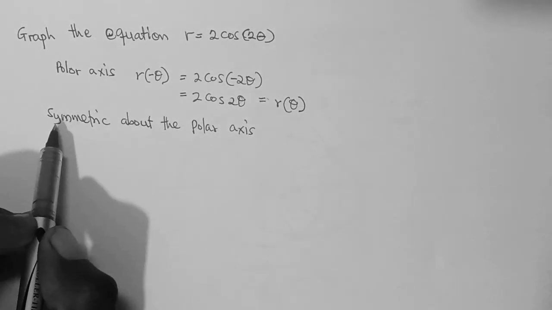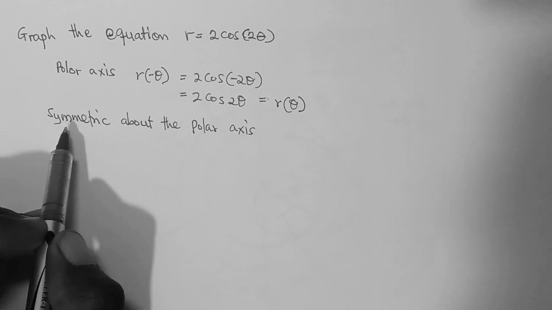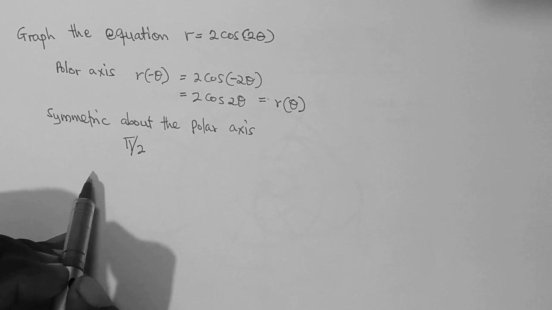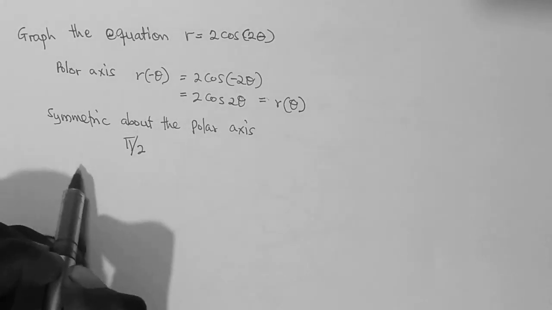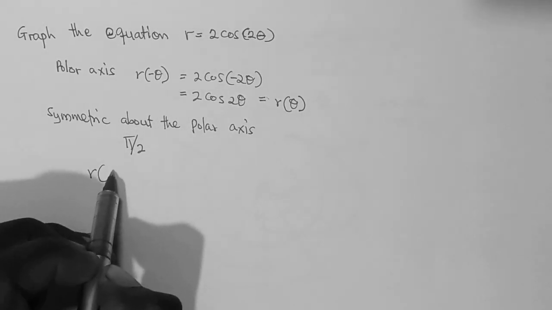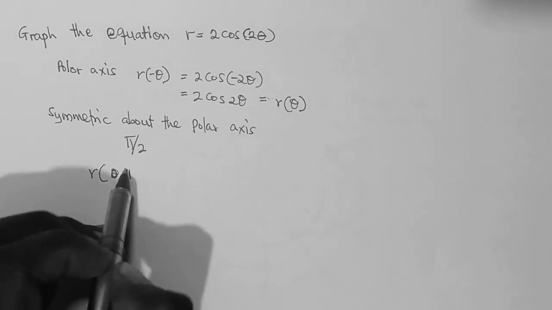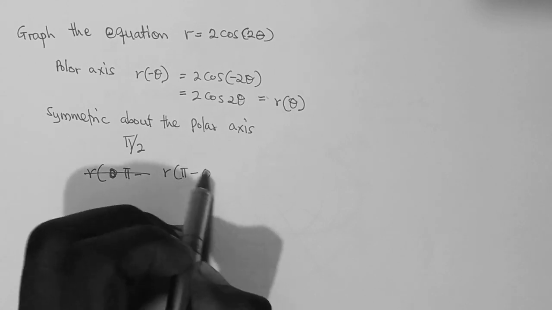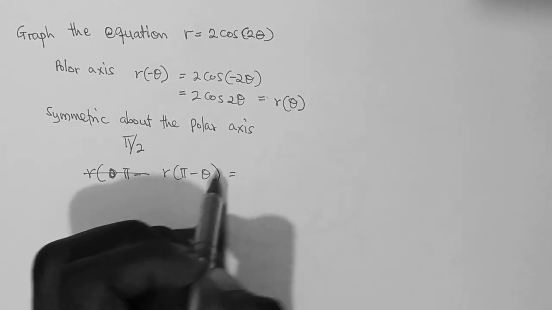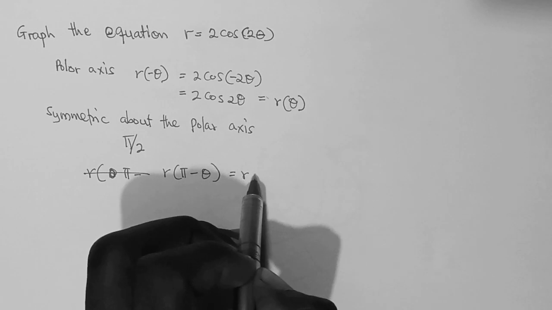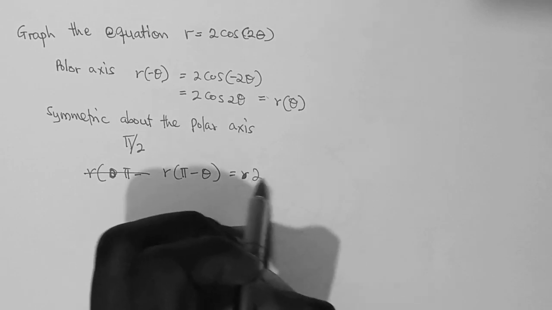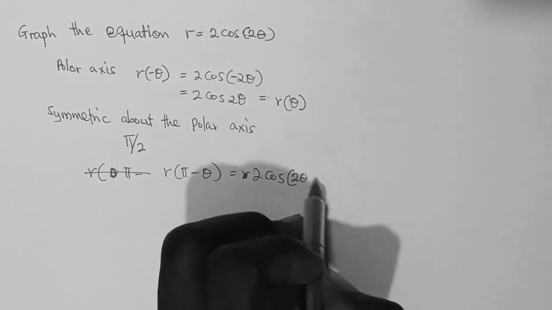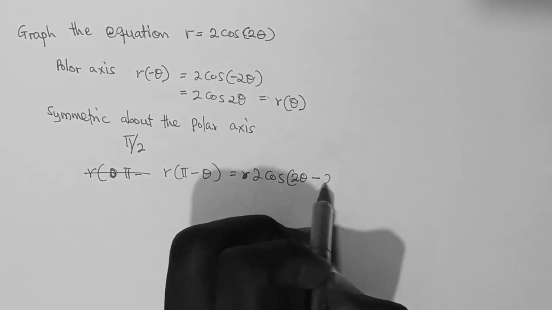Now let's also look for symmetry about the line pi over 2. For symmetry about the line pi over 2, we need to look for r of pi minus theta. Let me write it here. R of pi minus theta, and that is equal to 2 cos into bracket 2 theta minus 2 pi.